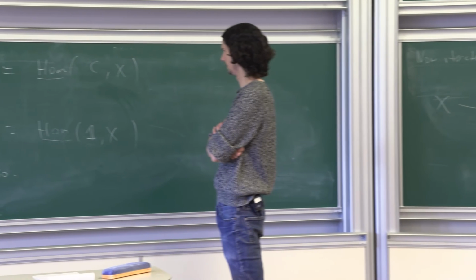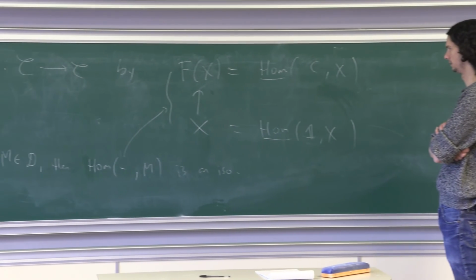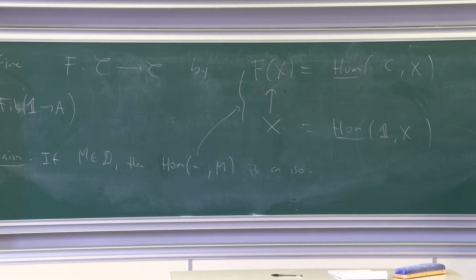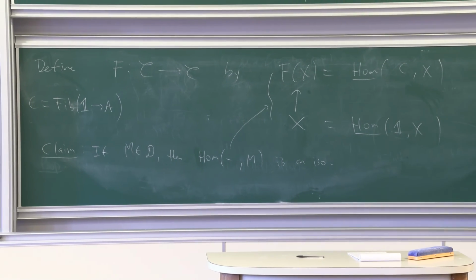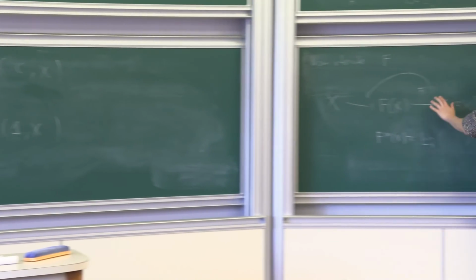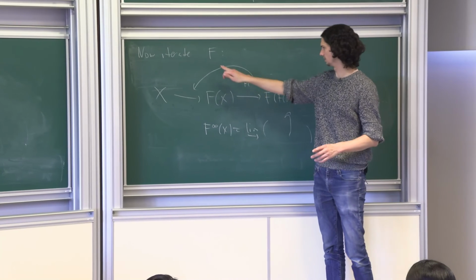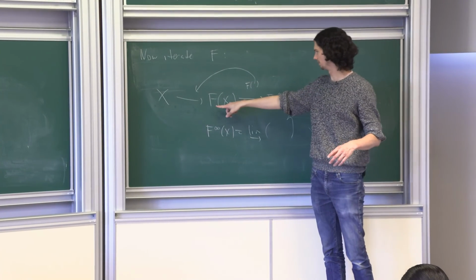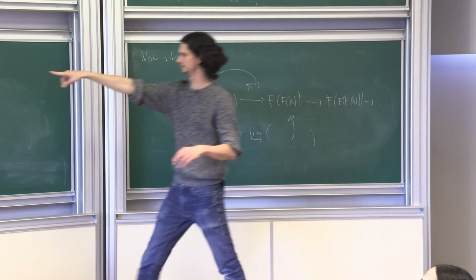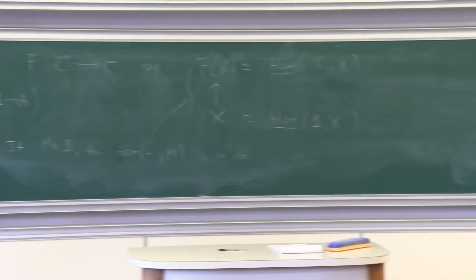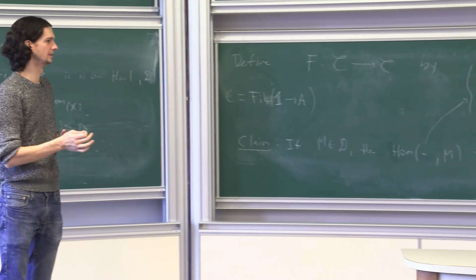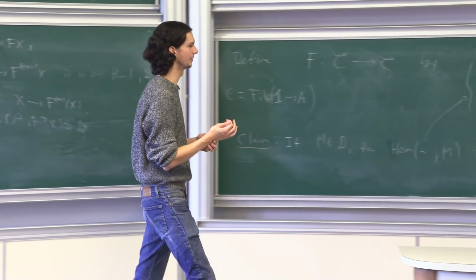Internal Hamming from A. Yes, but you can use this too, because the internal Hamming from A to x commutes with the operation of applying f. So yes, both are valid.